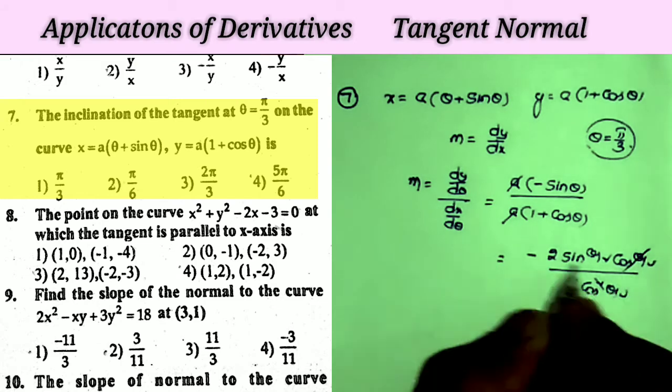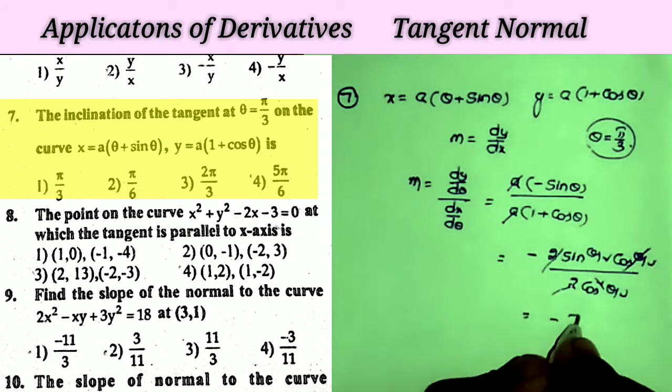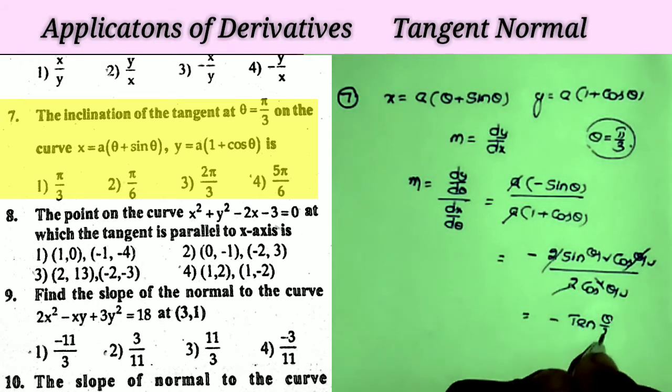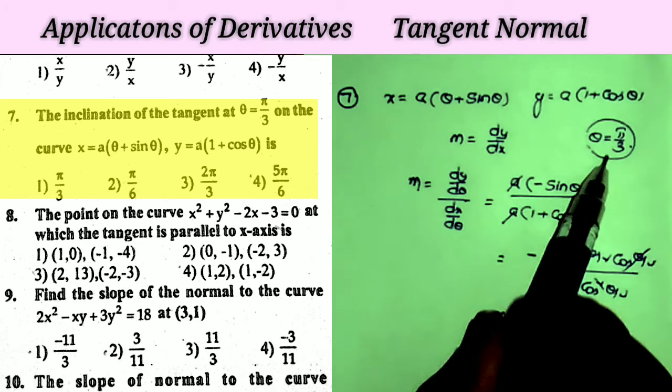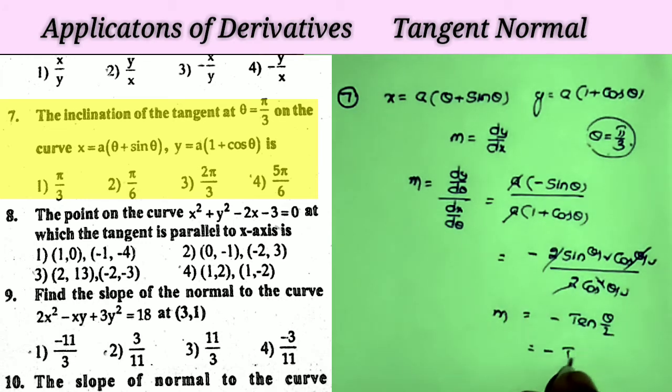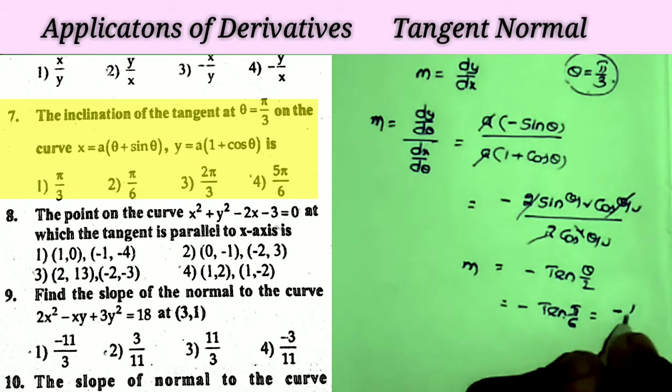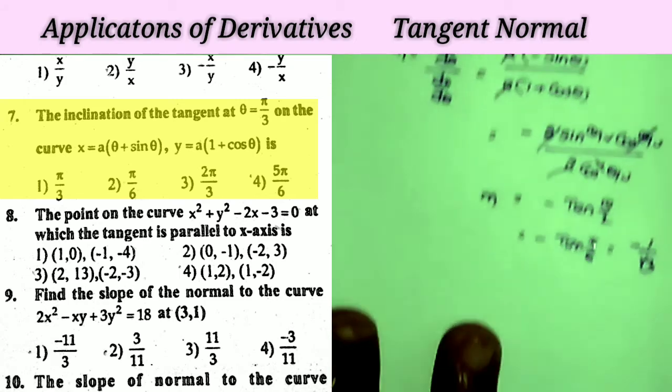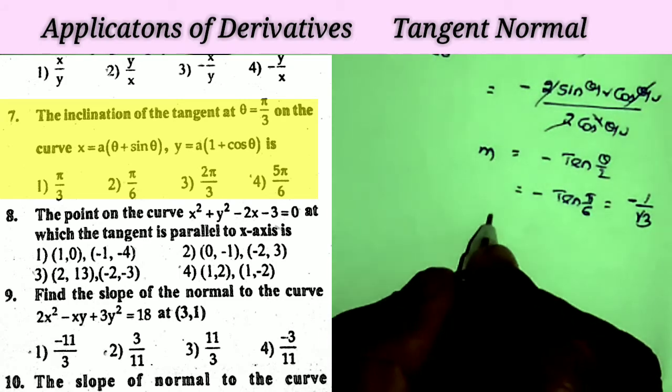That is equal to, here what is the remaining value, minus tan theta by 2. But what is given, theta is equal to pi by 3, that is minus tan pi by 6, that is the slope value is equal to minus 1 by root 3. So m is equal to minus 1 by root 3.